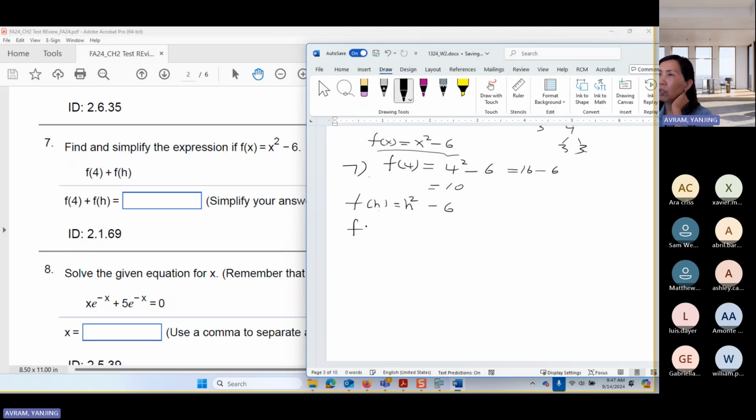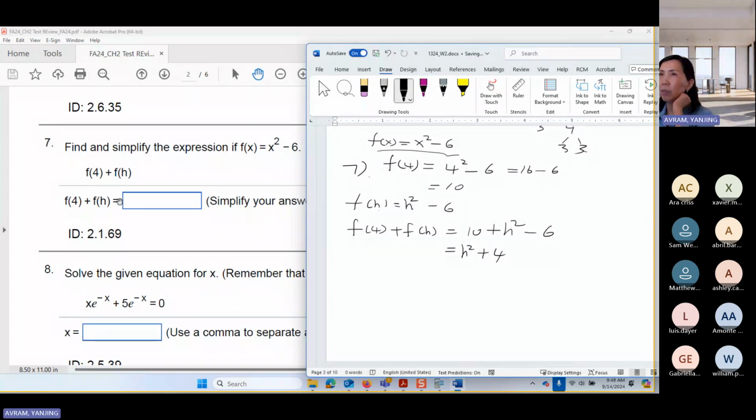All right, so if I want to do the addition, you have to have 3 steps. First step, find f of 4, and then find f of h, right? And then you just add these two together. So you have 10 plus h squared minus 6. So this whole thing will be h squared plus what? 4. That will be the answer.